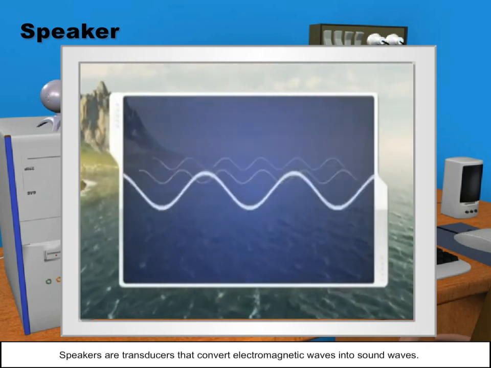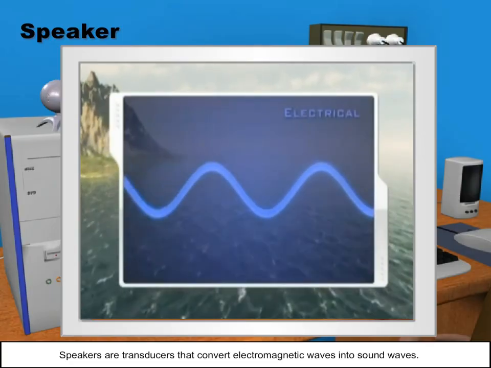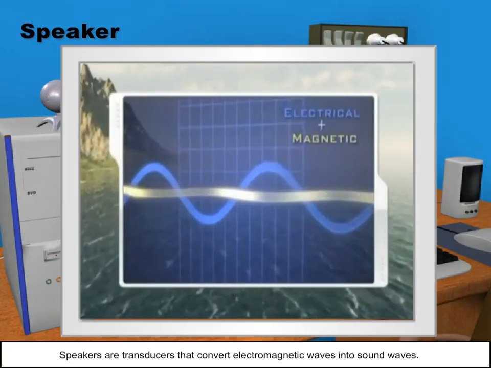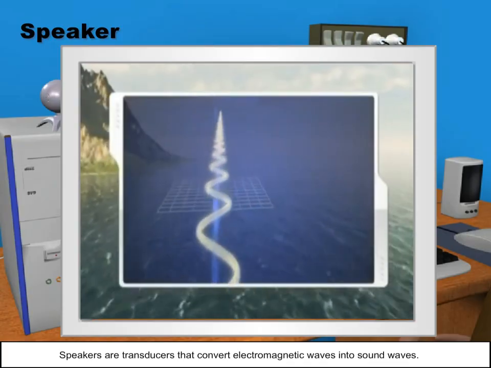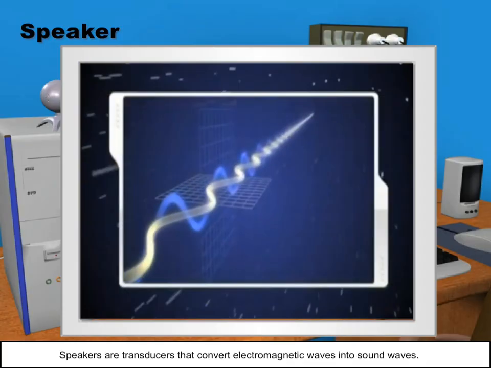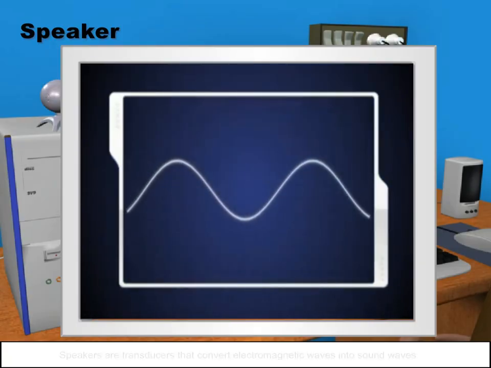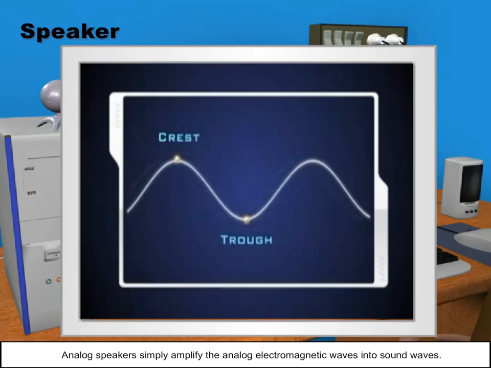Speakers are transducers that convert electromagnetic waves into sound waves. Analog speakers simply amplify the analog electromagnetic waves into sound waves.